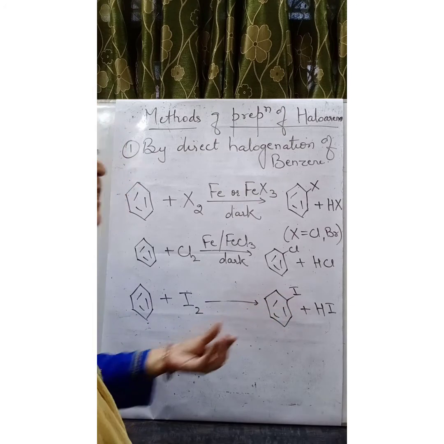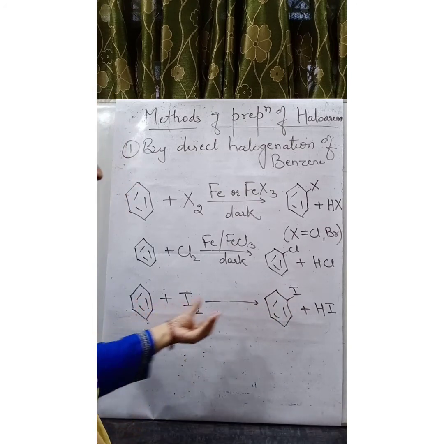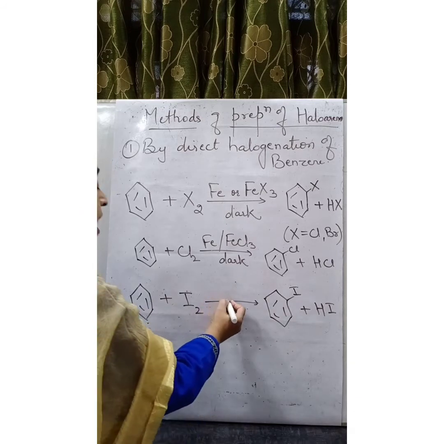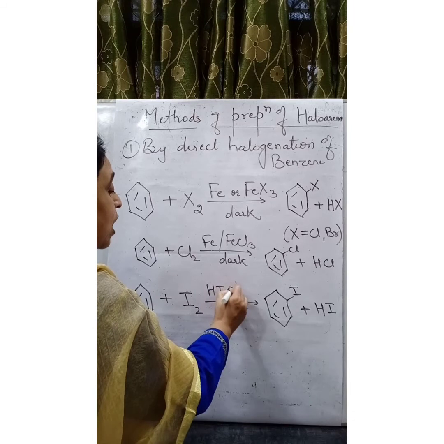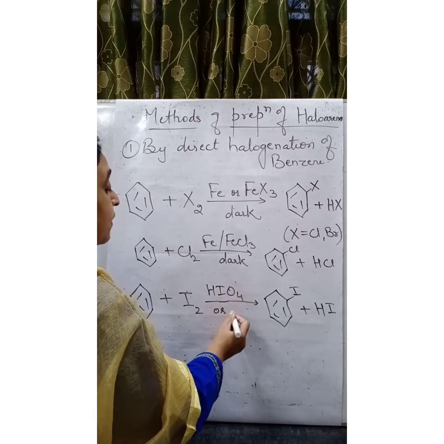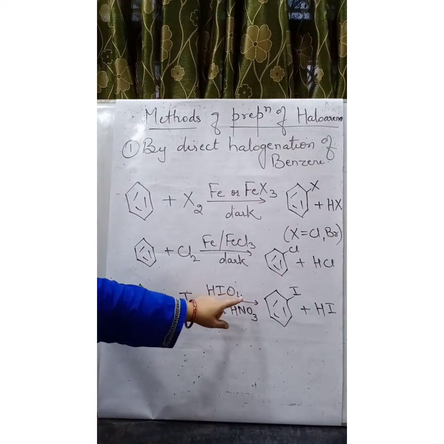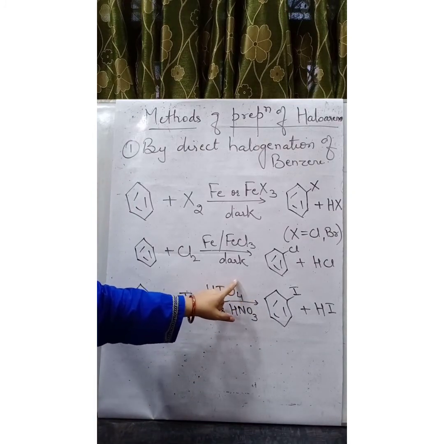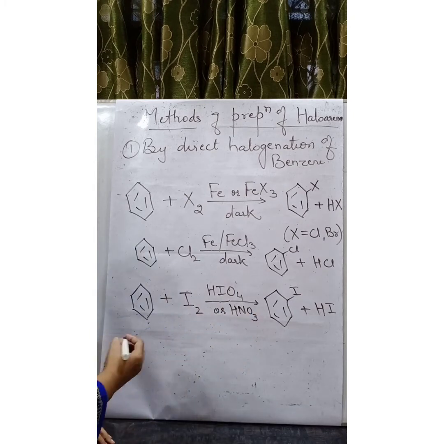So this reaction is reversible, and in order to avoid this, iodination of benzene is always carried out in presence of an oxidizing agent like HIO4, iodic acid, or in presence of HNO3.